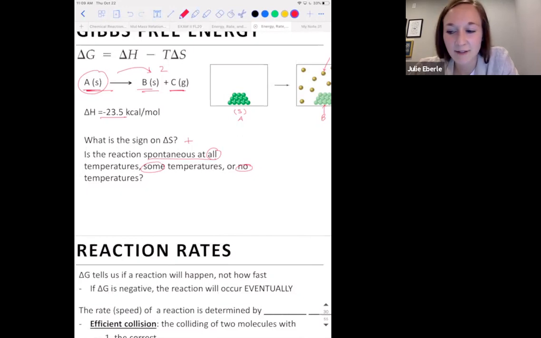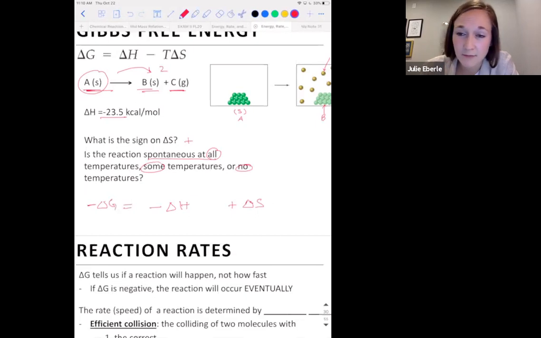Delta H is negative, and delta S is positive. So remember, when you have a negative delta H and a positive delta S, if you go back up to the table, that corresponds to row 1. And when these are the cases, mathematically, you will always get a negative delta G, always.